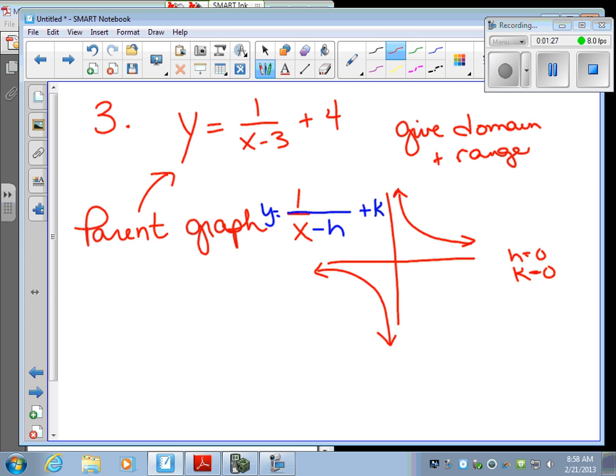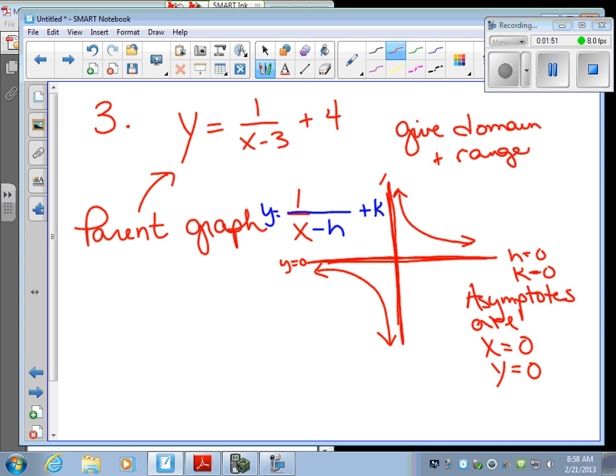So the asymptotes, if you remember what that means, are those lines that the graph never crosses, and they happen at x equals 0 and at y equals 0. So remember, this line represents the y equals 0 line, and this line represents the x equals 0 line.